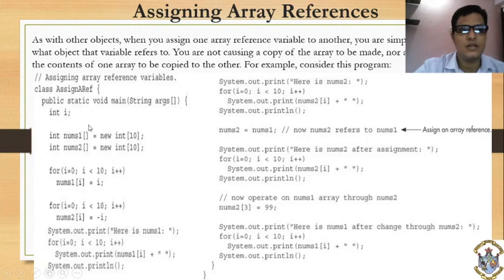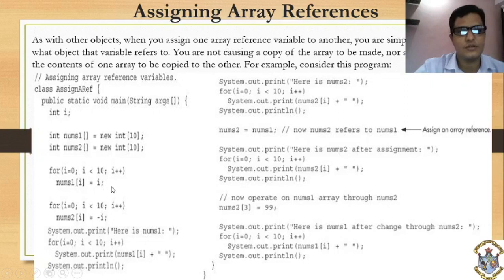Now you are writing int i. So you have declared the variables. Now you are creating the number one array variable. What is its size? 10. Number two array variable. What is its size? 10. Now you are storing the values. By using this for loop you are storing the values in the first array. For i is equal to 0, i less than 10 condition true, because it is a one-dimensional array, right?